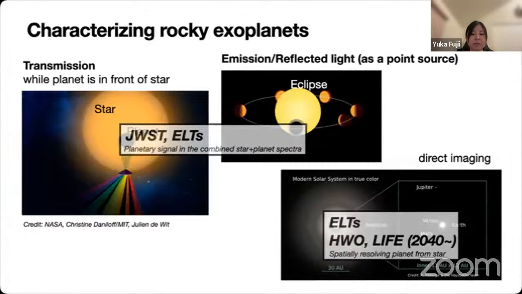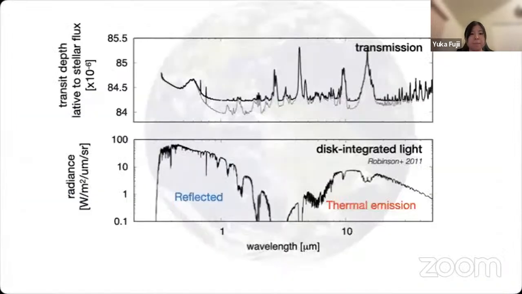Having these capabilities in mind, the first thing we probably think of is taking the spectra of exoplanets. Here, the upper panel shows the model transmission spectra of Earth, where local peaks correspond to the absorption bands of the atmosphere. The lower panel shows the spectra emitted by Earth, taken from Robinson et al. 2011, where at shorter wavelengths the bump corresponds to reflected light components.